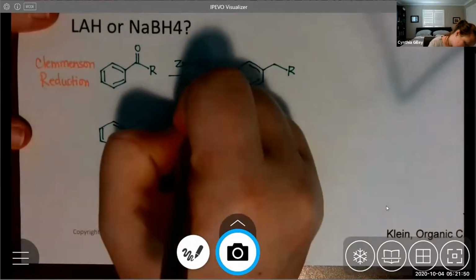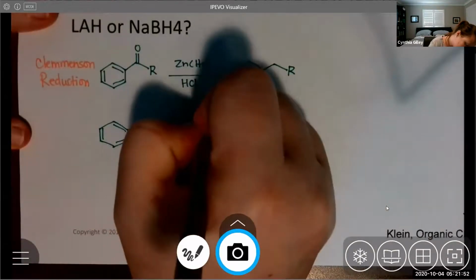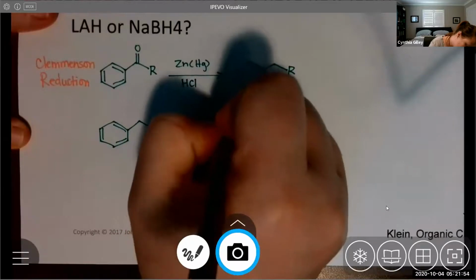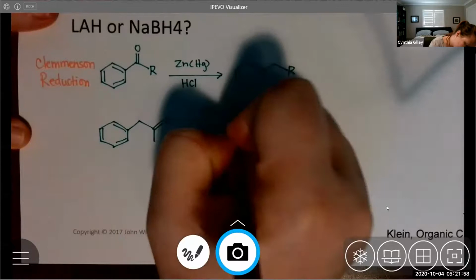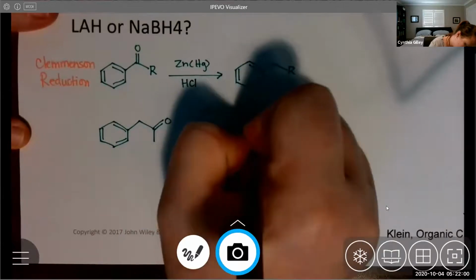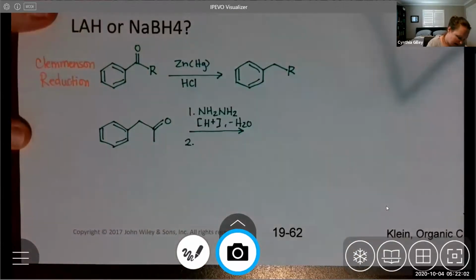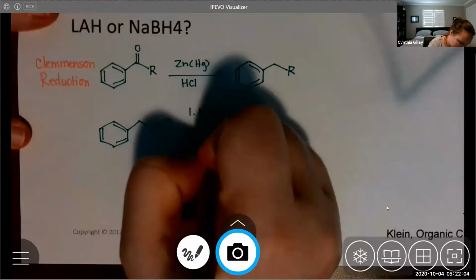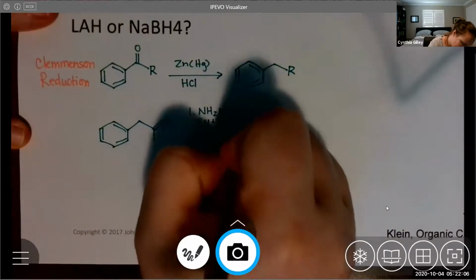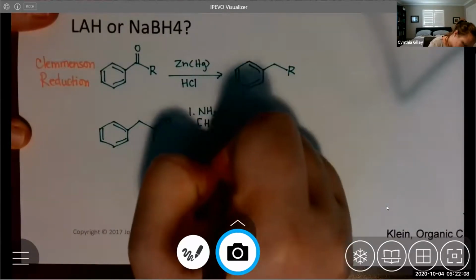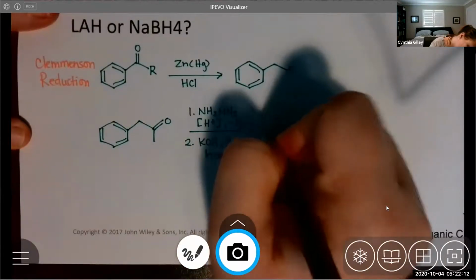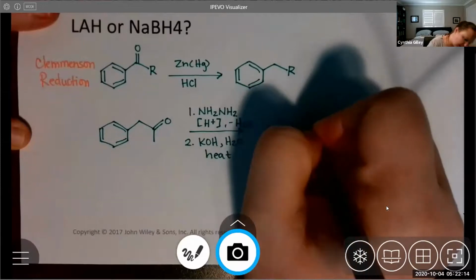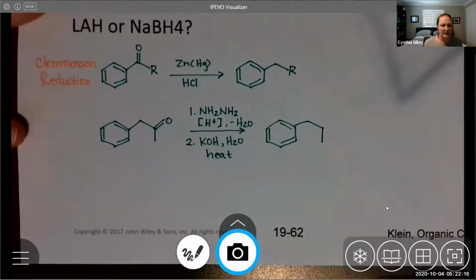The first step utilizes hydrazine, which is NH2NH2, to form a hydrazone. It's done under acidic conditions and we lose water in that process, followed by aqueous potassium hydroxide and heat. That will reduce a carbonyl all the way down to an alkane.